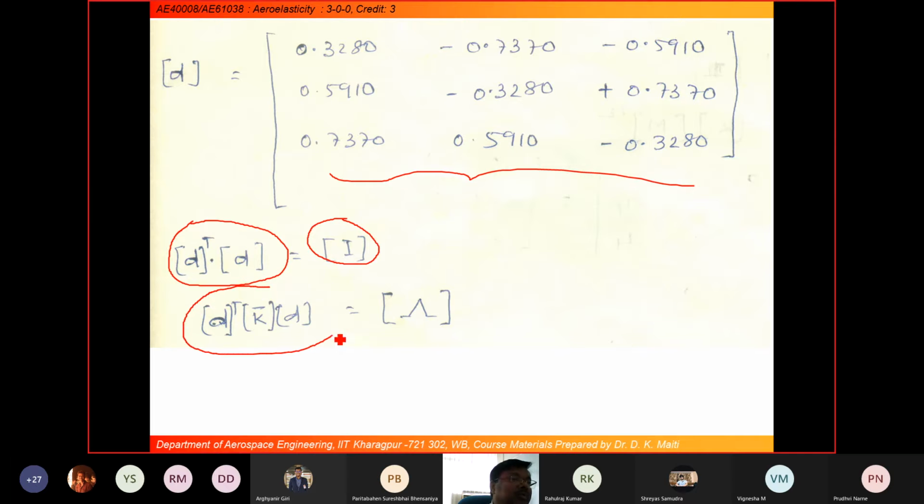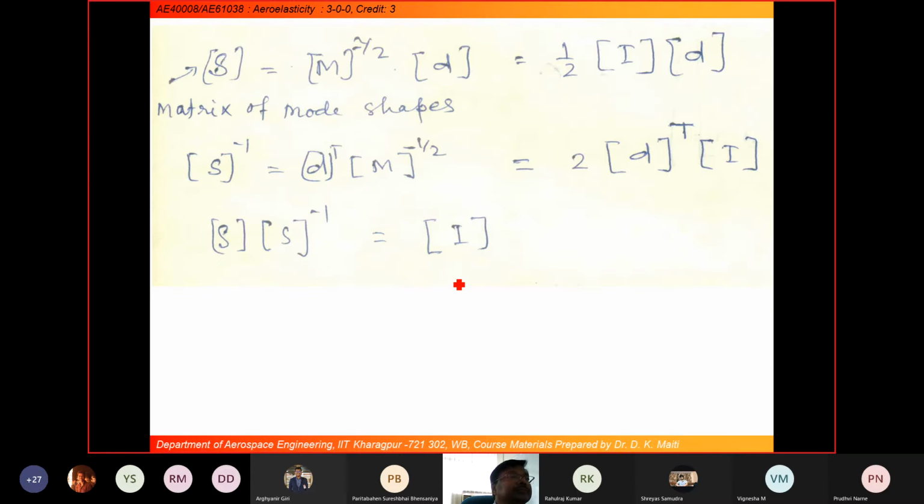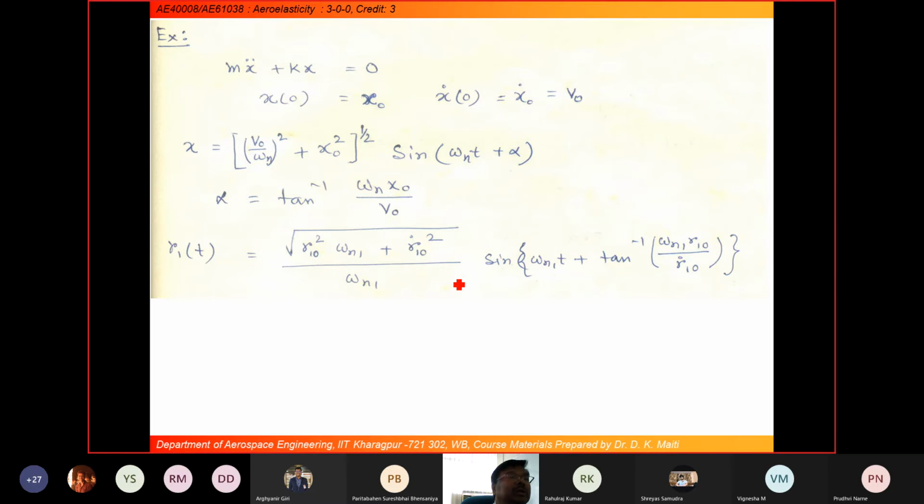Similarly, d transpose k bar into d will come as lambda, that is the diagonal terms with omega square. The first one will be omega 1 square, the second omega 2 square, and the third diagonal omega 3 square.